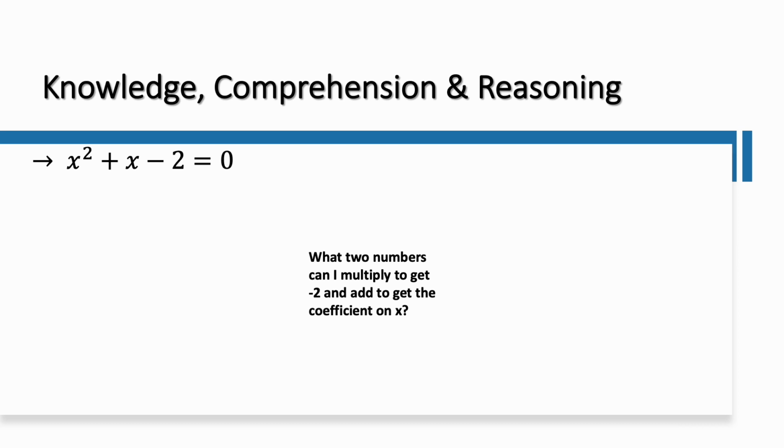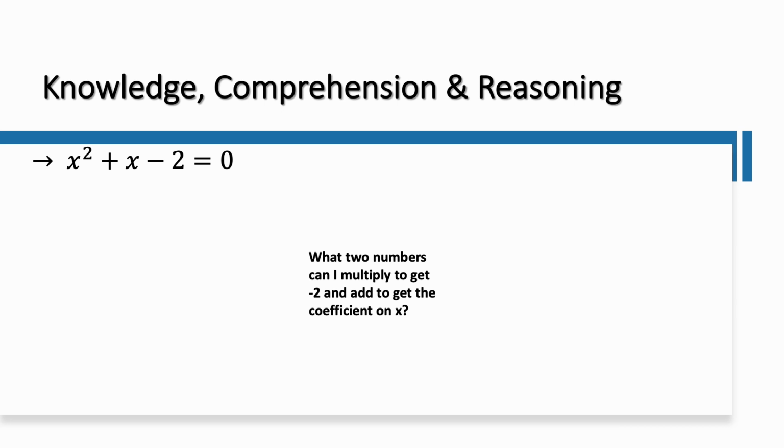And now we want to know what 2 numbers can we multiply to get that minus 2, and if we add those same 2 numbers, we get the coefficient on x. So we're looking for 2 numbers that add to give us the coefficient on x, which is 1, but at the same time, if you multiply them, you get minus 2.